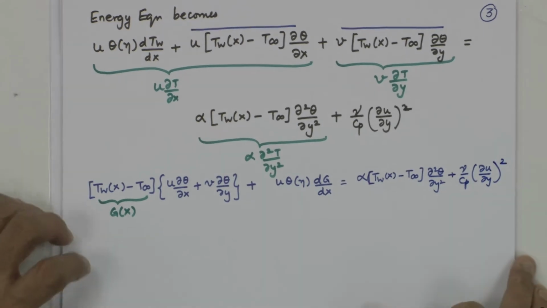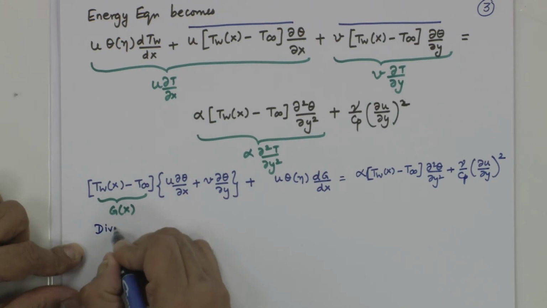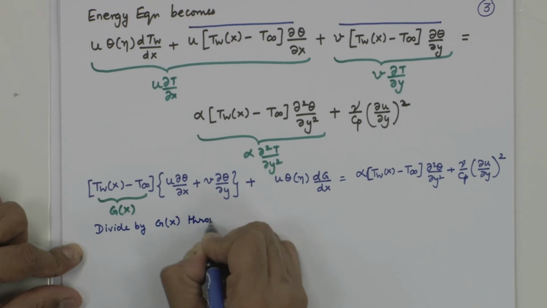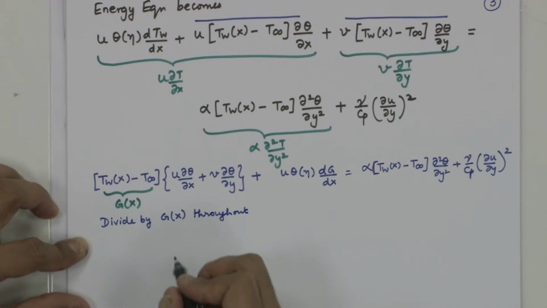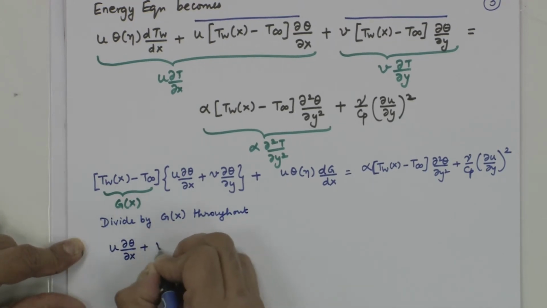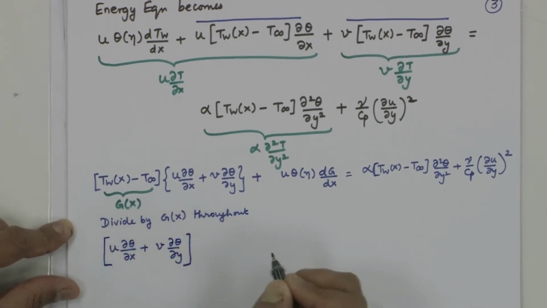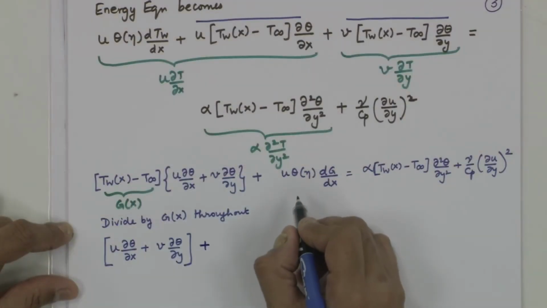I am going through all the steps because this is slightly involved. Now divide through by g of x throughout, or just call it Tw minus T infinity. So appropriately we will call. So I would get u d theta/dx plus v d theta/dy. This is exactly the way your left hand side of energy equation was, u dT/dx plus v dT/dy. There is an additional term which is here. This is because of the variation in the wall temperature.